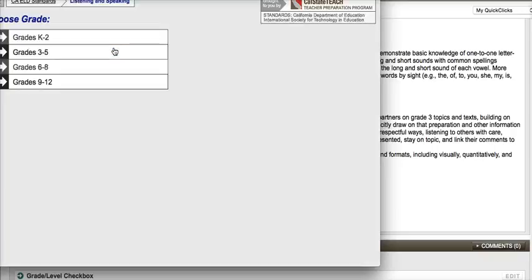And the reason that we have to add these is you cannot improve in language unless you use language.